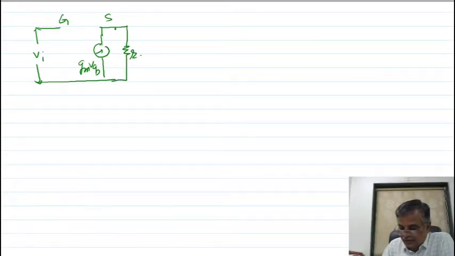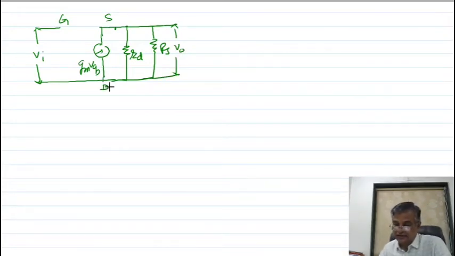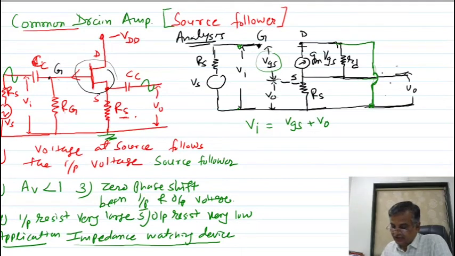This is your RD. This is RS, and here you have taken the output voltage. This is your drain. I think you understand. Look here, in the previous circuit, this drain I am showing here because it is connected here. This drain I am connecting here.